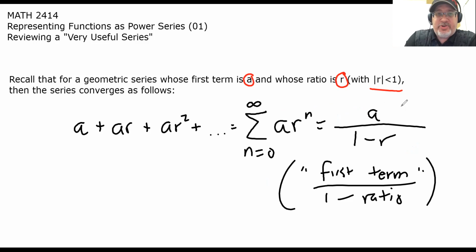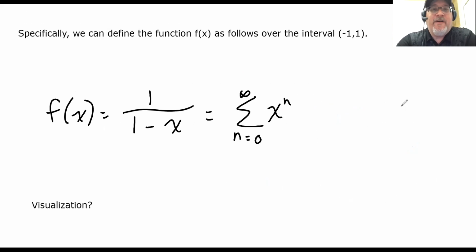The very useful series was we could define a function, f of x, as follows over the interval -1 to 1. f of x equals 1 over 1 minus x, which is a pretty innocuous function in its own right. But if we look at it from the perspective of a geometric series, then this 1 would be the first term.